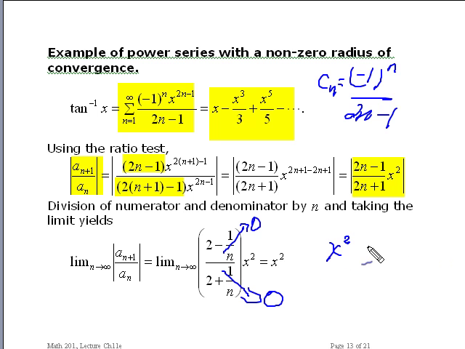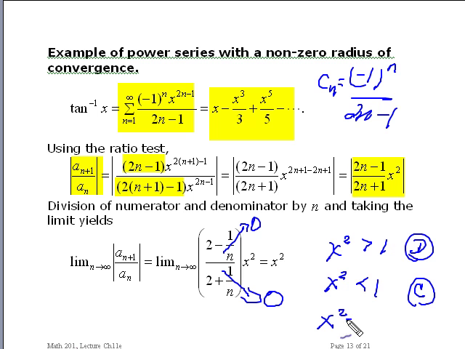Okay, x squared strictly greater than 1, it's going to diverge. x squared less than 1, it's going to converge. x squared equals 1, it's inconclusive. So x squared is less than 1 if the absolute value of x is less than 1. So this scenario for convergence right here requires that the absolute value of x be less than 1.